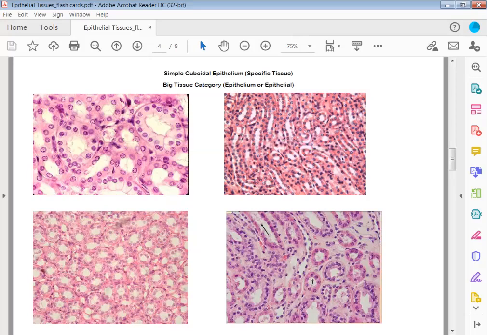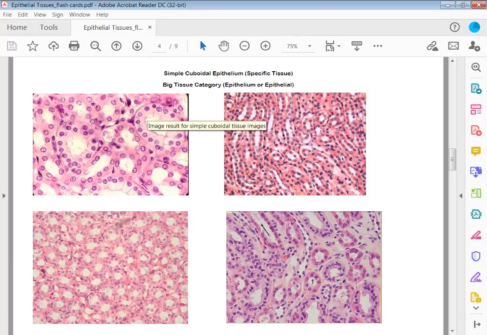So right here, we're looking at this circle right here. First name, how many rows of nuclei can you see within this circle? Right here, you can see there's only one row of nuclei. Over here, it kind of falls on top of another circle of cuboidal cells. Because you're only seeing one row of nuclei here, you know the first name is simple because there's only one layer of cells.